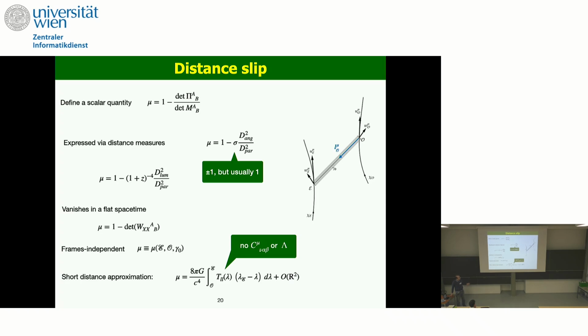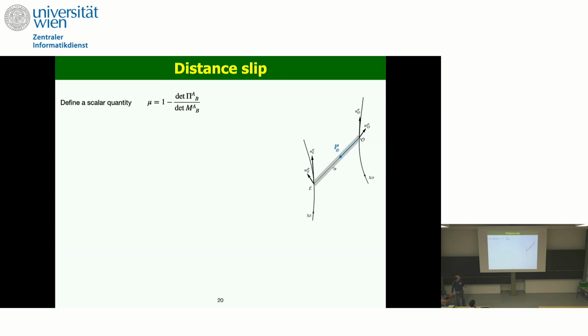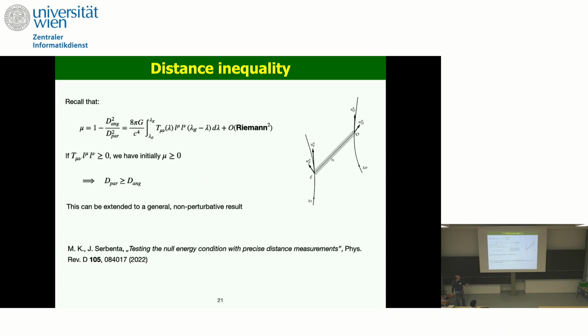For short distances, it's given basically by the integral of the stress energy tensor along the line of sight with a kernel. Okay, so a tiny difference between angular diameter distance and parallax distance between some source and some observer measures somehow the matter content along the line of sight.